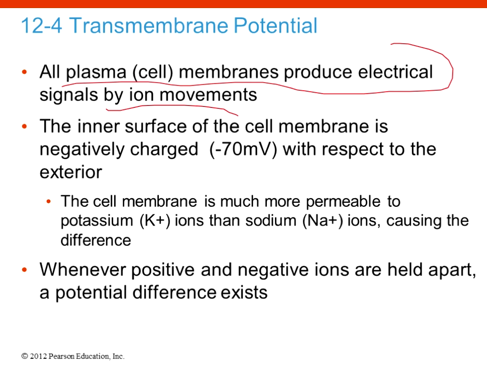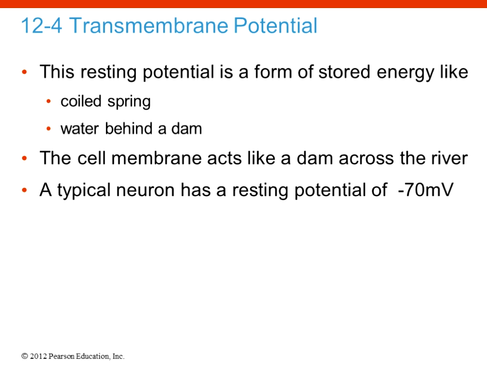At rest, the inner surface of the cell membrane is negatively charged, typically to negative 70 millivolts with respect to the exterior. This is caused primarily because you have more positively charged sodium ions outside of the cell than inside the cell. And if you have positive and negative ions being held apart, you create this potential energy at that site.